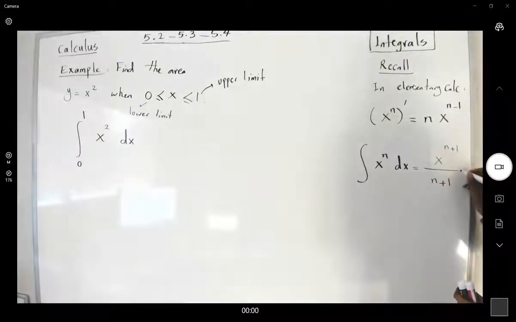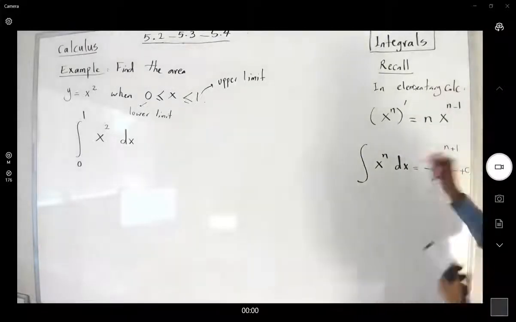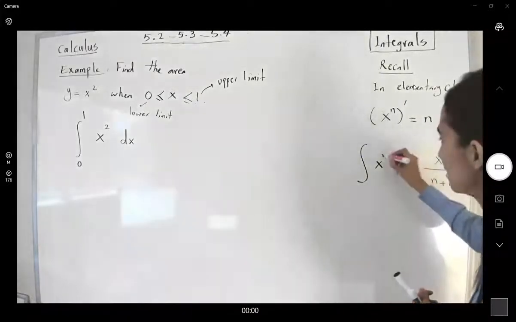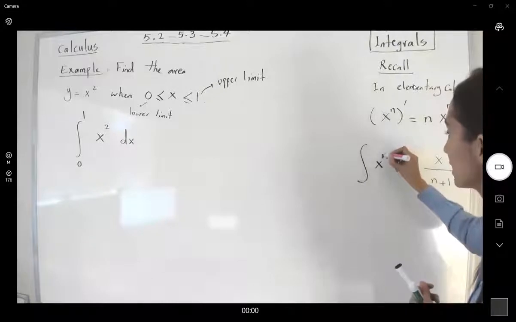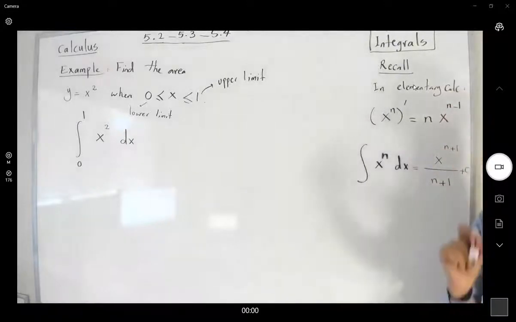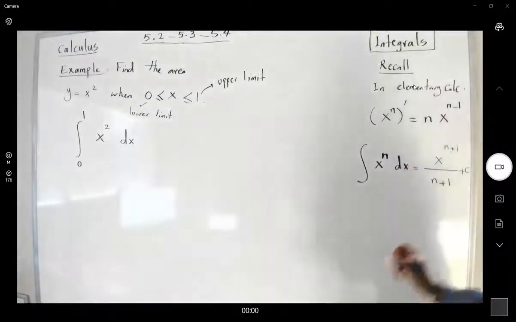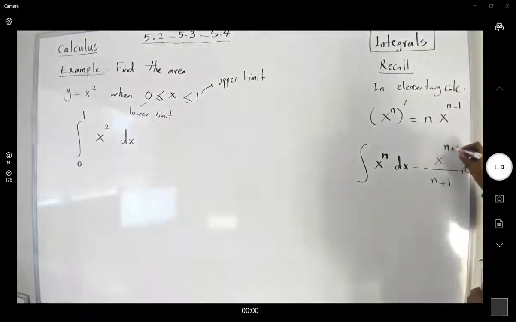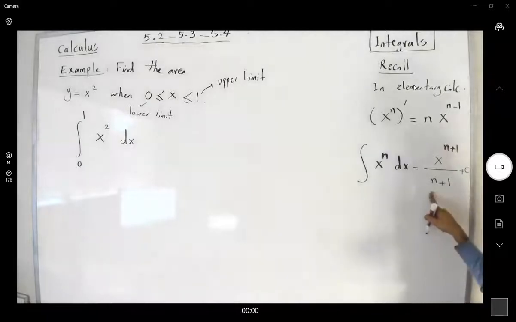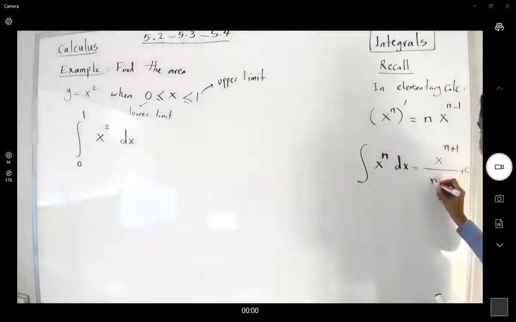We usually add a constant of integration at the end. So for x to the n, you take the exponent, you add 1 to the exponent, n plus 1, and you divide that by this new exponent.